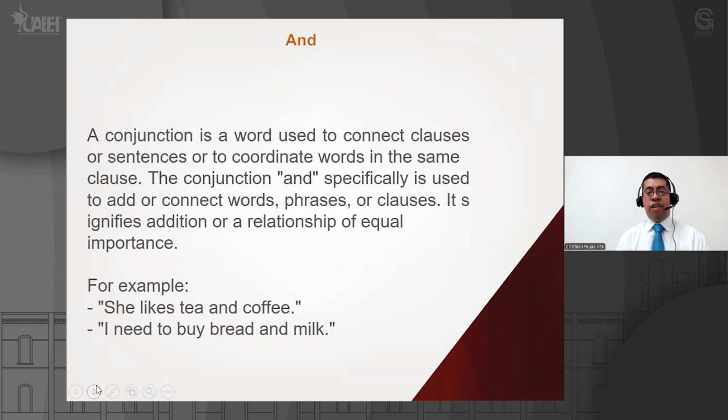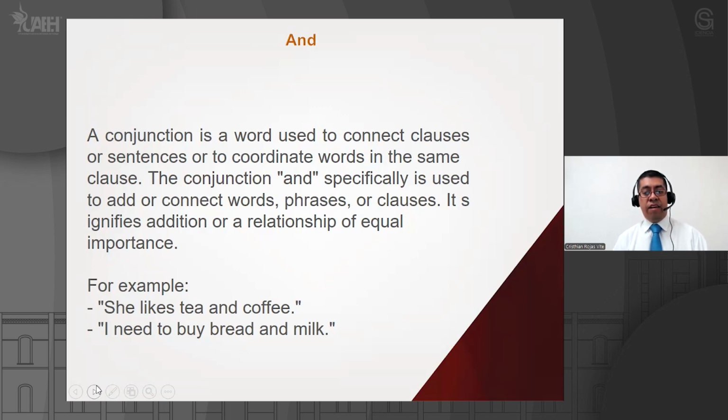A conjunction is also a word that is used to connect clauses or sentences or to coordinate words in the same clause. For the first conjunction, and, specifically, it is used to add or connect words, phrases, or clauses.